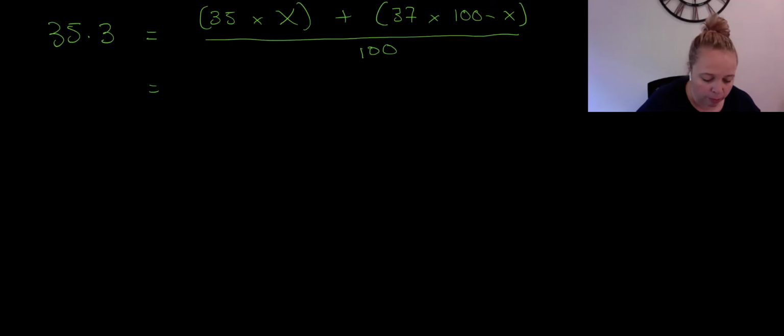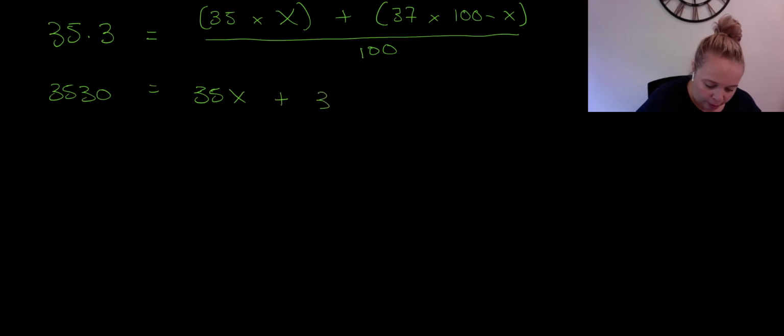So we can do some expansion, get rid of that 100. We end up with 3530 is equal to 35X plus 3700 minus 37X.